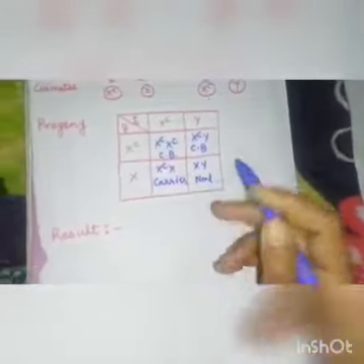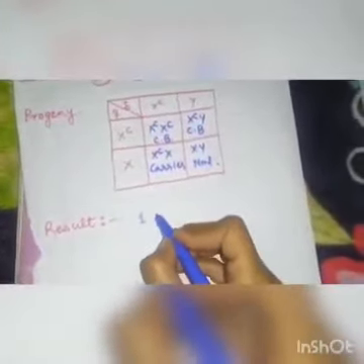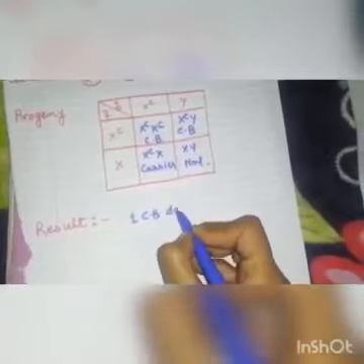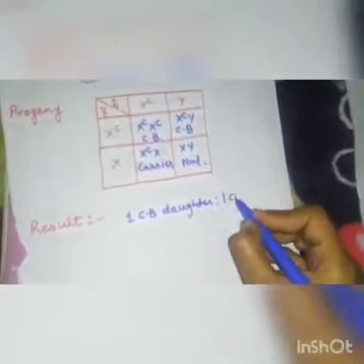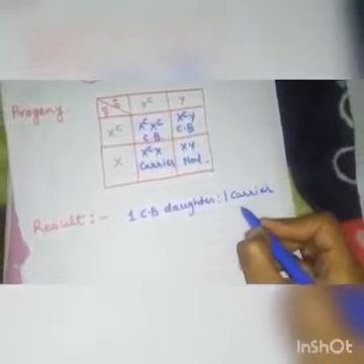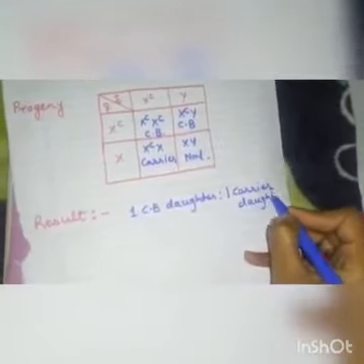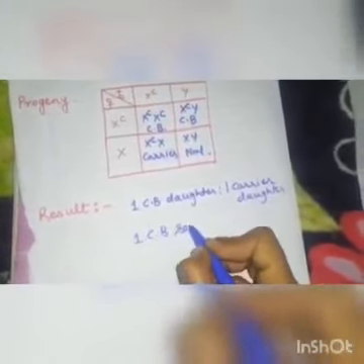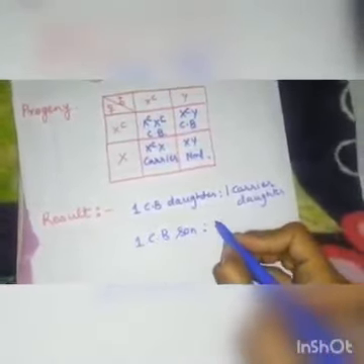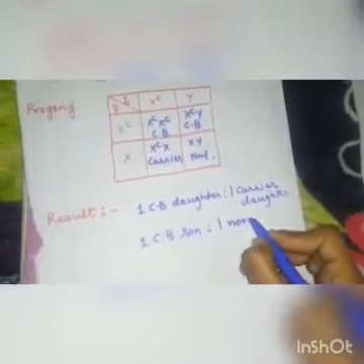So at the end of the F2 generation, this will produce one colorblind daughter or female, one carrier female or daughter, one colorblind male and one normal male.